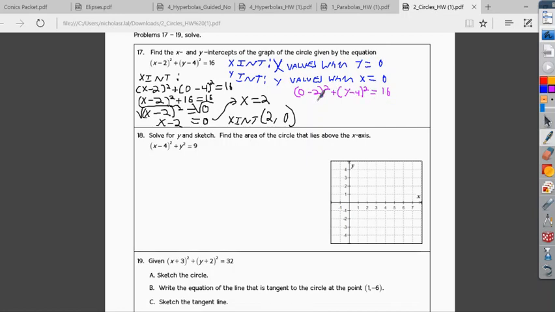Negative 2 squared is 4, so we'll have 4 plus y minus 4 squared is equal to 16. Subtract 4 from each side, you'll have y minus 4 squared equals 12. Take the square root of each side. Y minus 4 is equal to plus or minus the square root of 12.